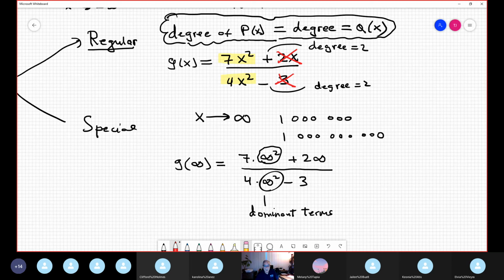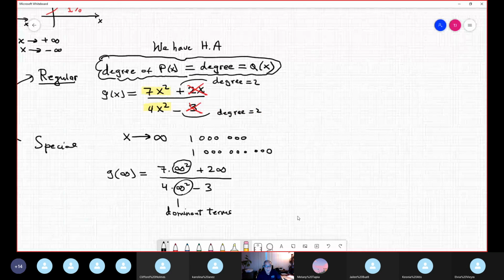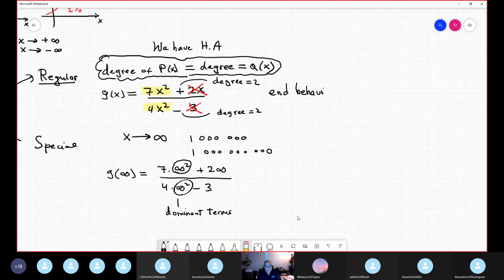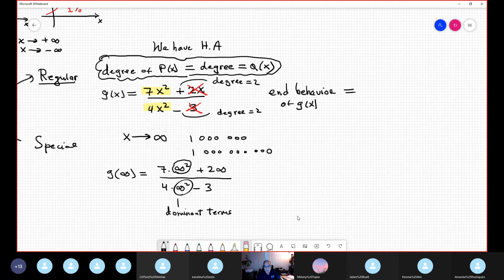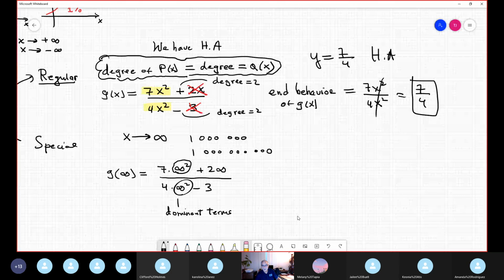Therefore, the behavior of G is just 7x squared over 4x squared. And you cancel out x squared, and the answer is 7 over 4. And this is my horizontal asymptote. Okay, y equals 7 over 4 represents the horizontal asymptote.